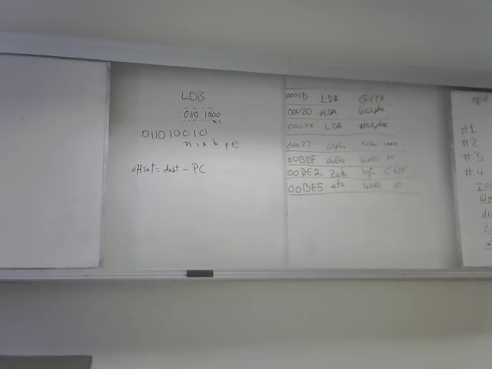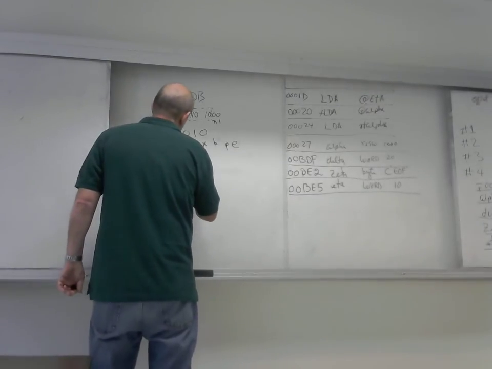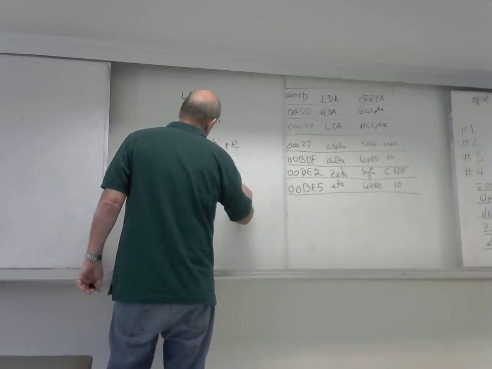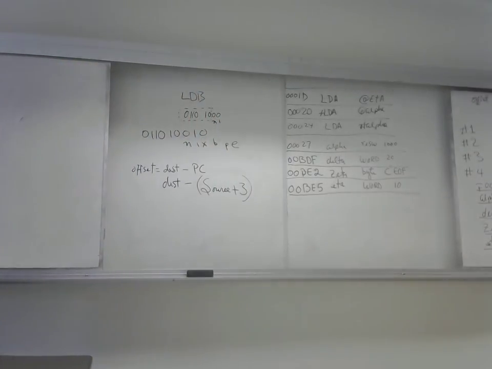So you can rewrite this as destination minus source plus 3. Well, the program counter moves. As soon as we have read this instruction at address 0, the program counter has 3 in it.